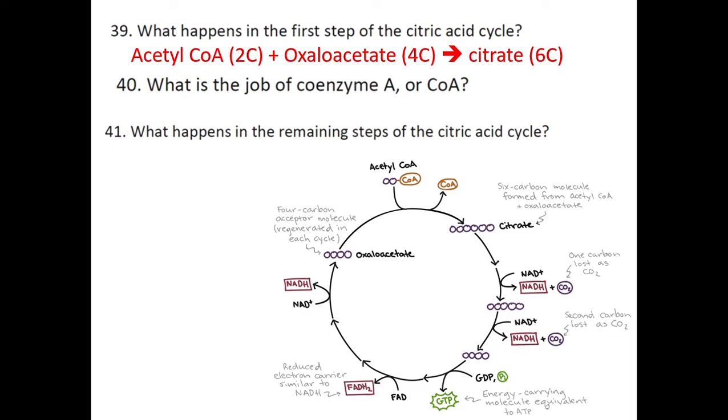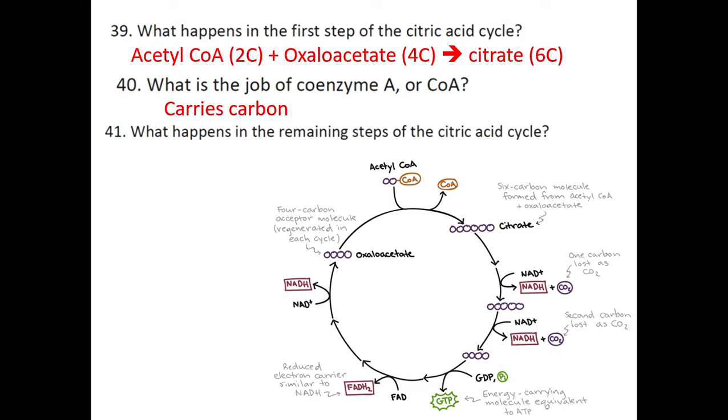Okay, what is the job of coenzyme A or CoA? The job of coenzyme A is to carry carbons. Is to carry carbon, 2 carbons. Okay. Next, 41. What happens in the remaining steps of citric acid cycle? Well, again, we are not going to talk about the details here.